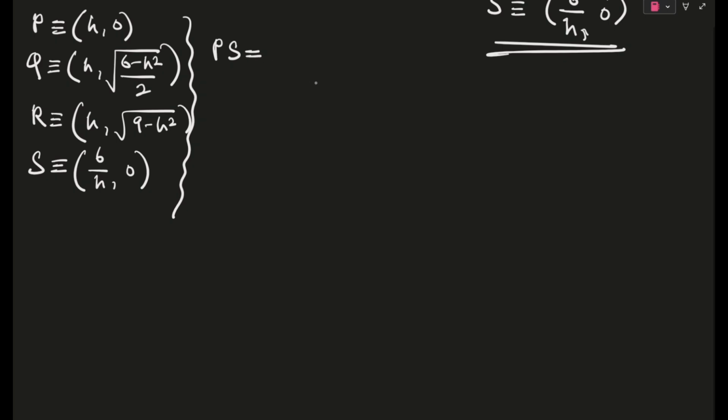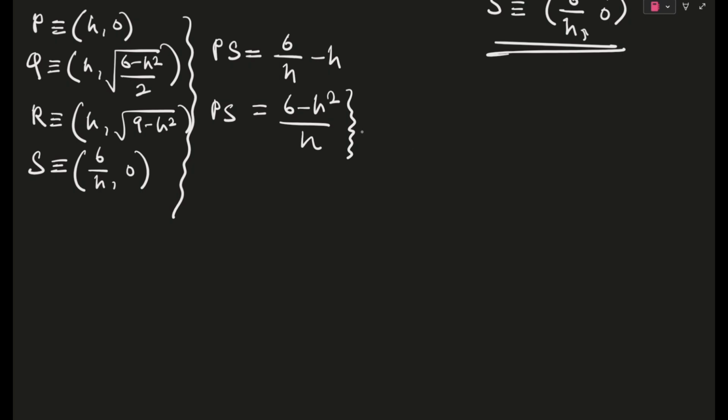Both are on the x-axis, right? So h comma 0 and 6 by h comma 0. So it will be 6 by h minus h. So this comes out to be (6 minus h squared) by h. This is your value of PS.